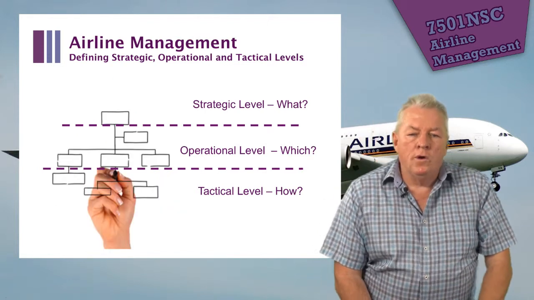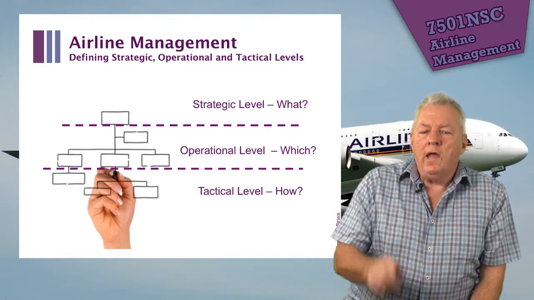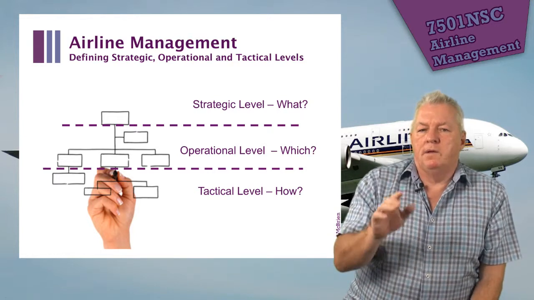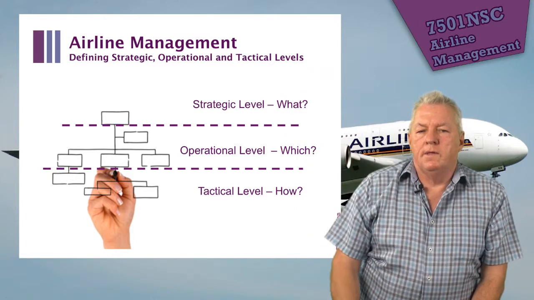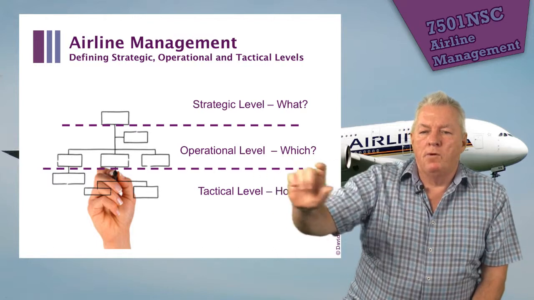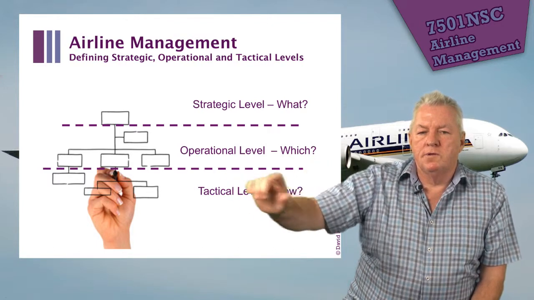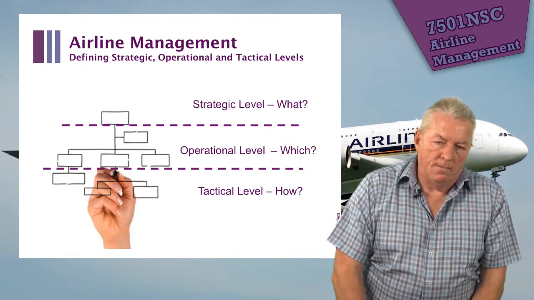And if we look at a typical line drawing of an organisation, it normally follows this pattern that the CEO is at the top, the day-to-day people who are running the organisation, the short to medium term, in the middle, and the tactical level is at the bottom.